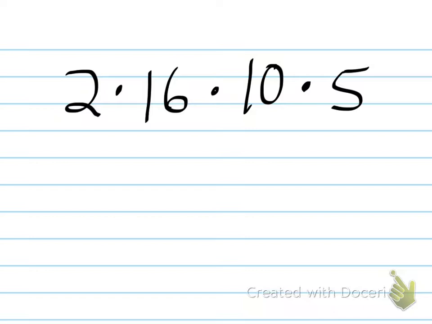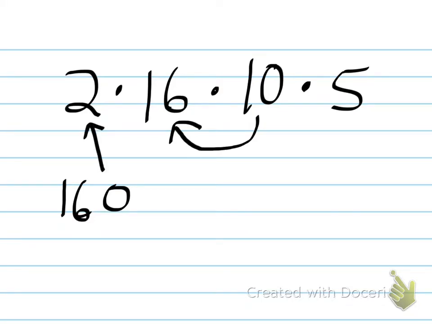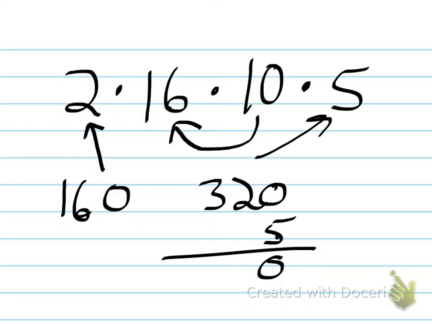So in my mind, I would make it a lot easier if I did 10 times 160, which is 1600, times 2, which is 320, and then times 5, which is 1600. Now it was still kind of complicated, but I did it a lot faster.